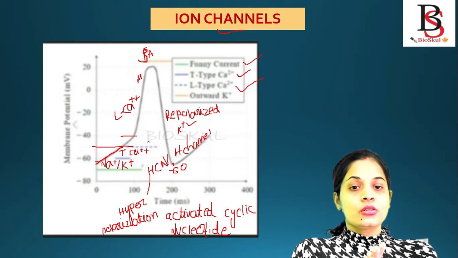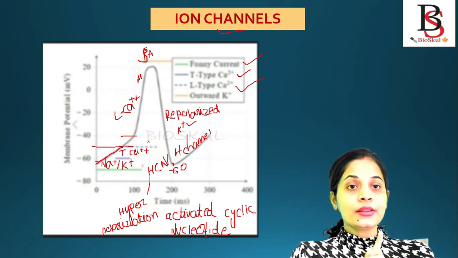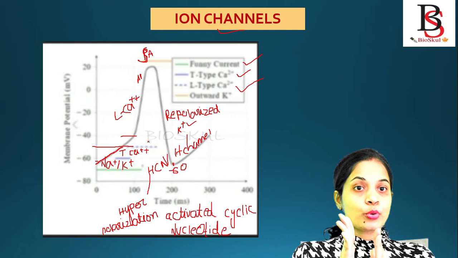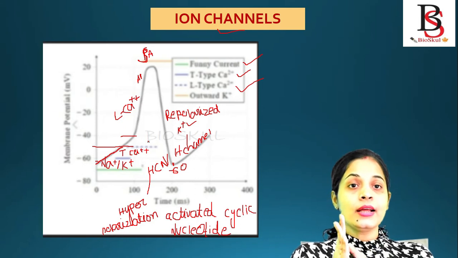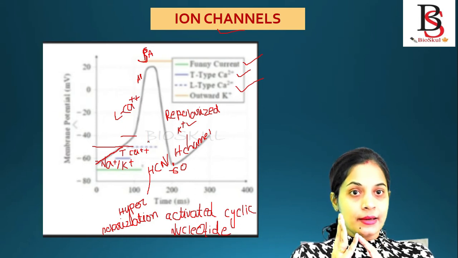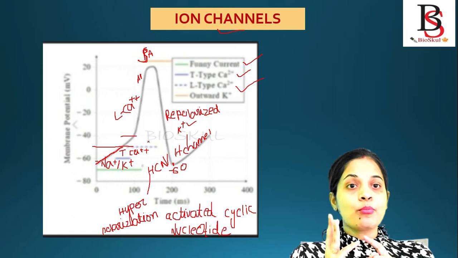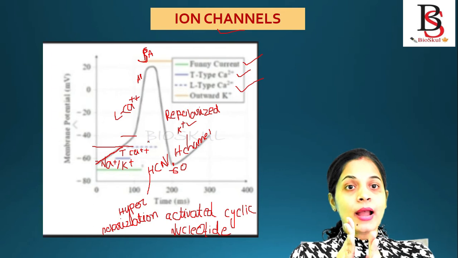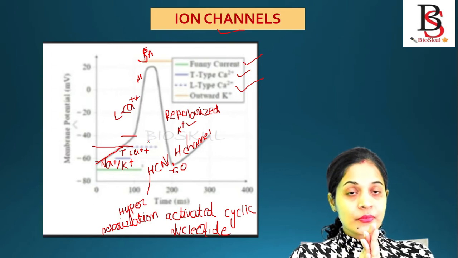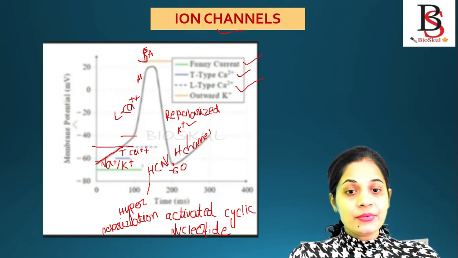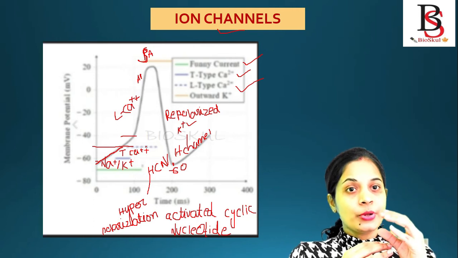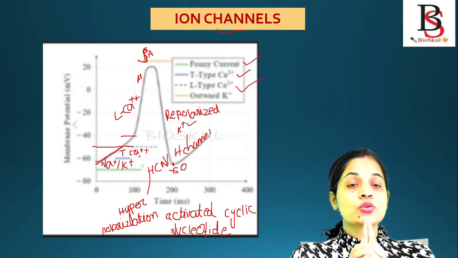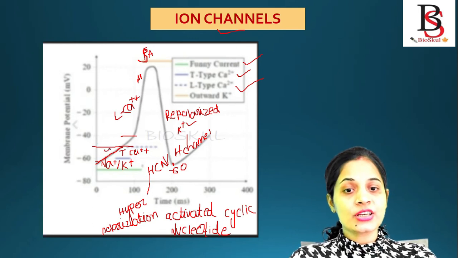Okay. So first, which channel will get open? That is the HCN channel, the hyperpolarization activated cyclic nucleotide gated channel. This channel is also known as the funny current because it flows the mixed sodium and potassium ion. After that, for a short period of time, the calcium channel opens, known as the transient calcium channel.